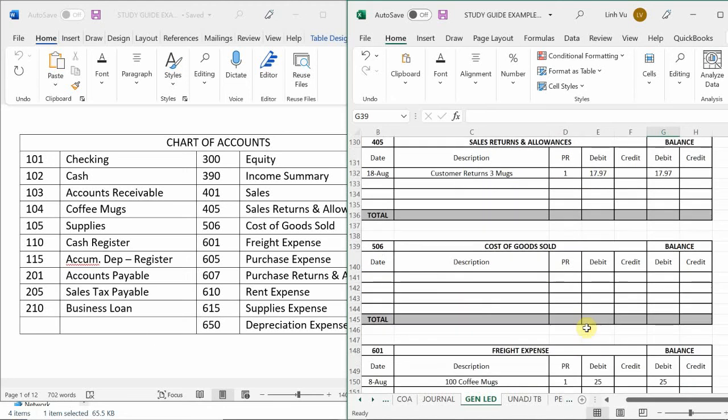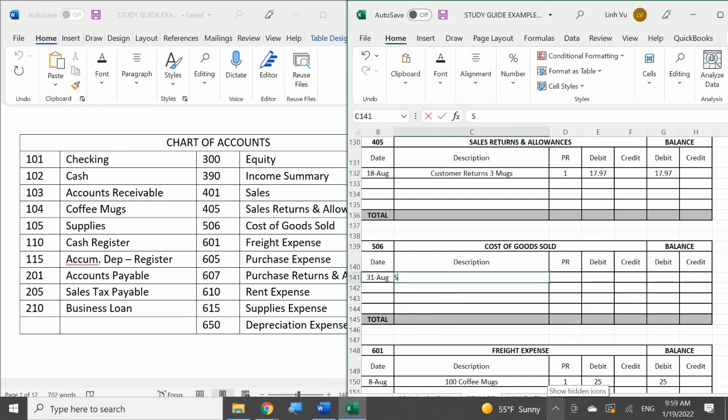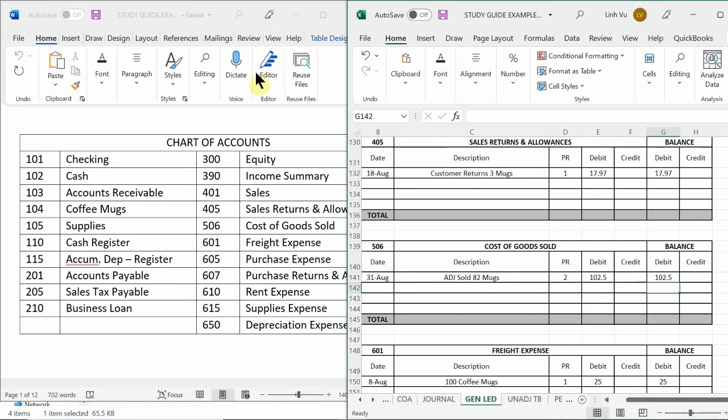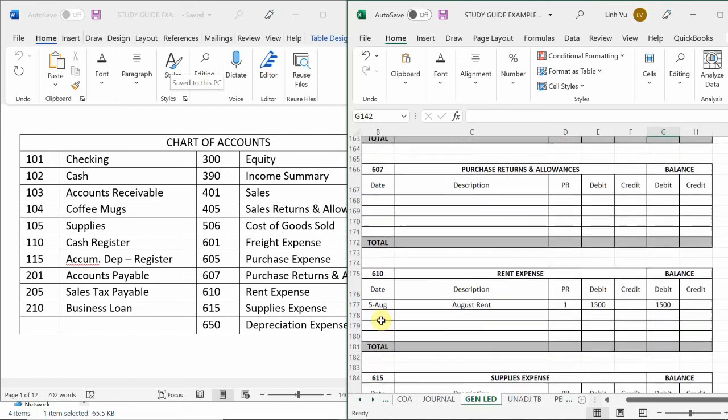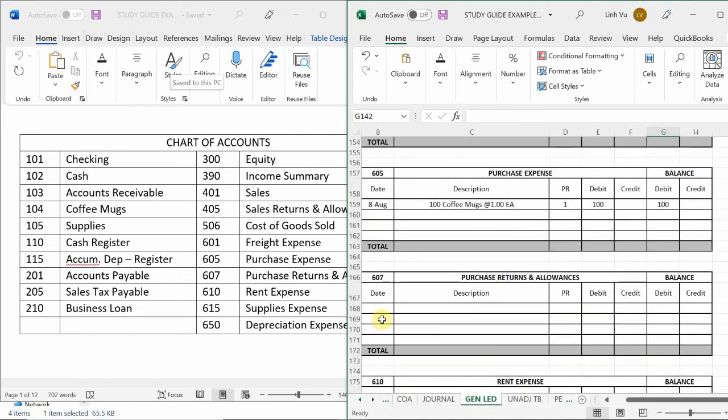Account number 506, cost of goods sold. Sold 82 mugs for 102.50. Okay. And then we had to zero out our purchase expense and our freight expense. Okay, so let's do freight first.